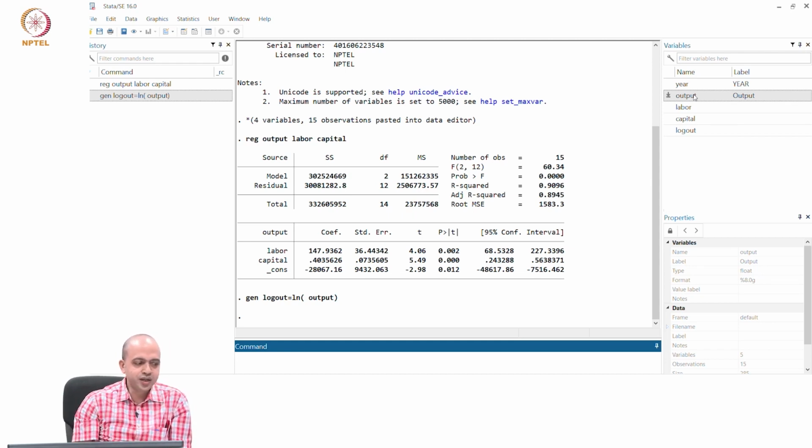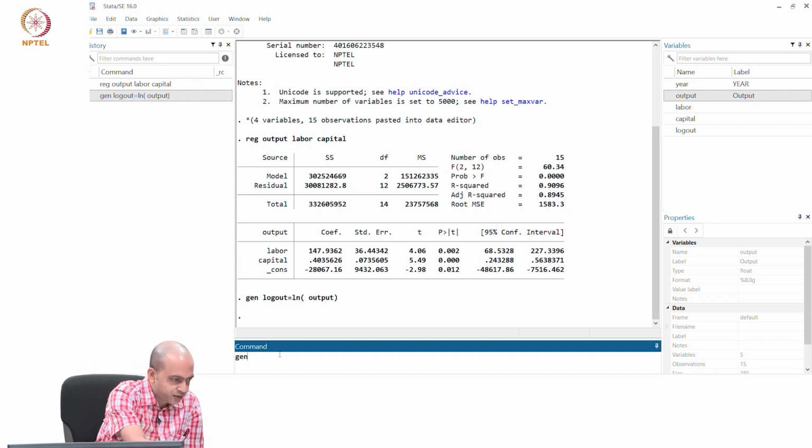Okay. This is the command in Stata. Whenever you want to transform a variable into log, you have to use the gen command. So, after gen you put some name of the variable. I have given log out, you can give any other name as well. And then after this, this is the function. This is actually logarithmic transformation. So, ln within the bracket output.